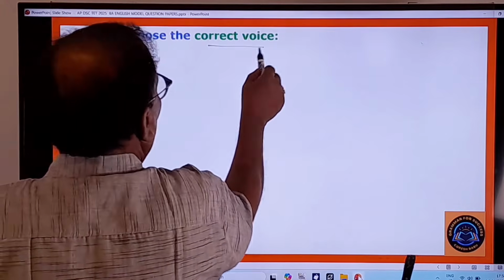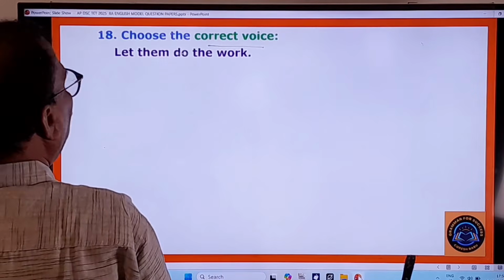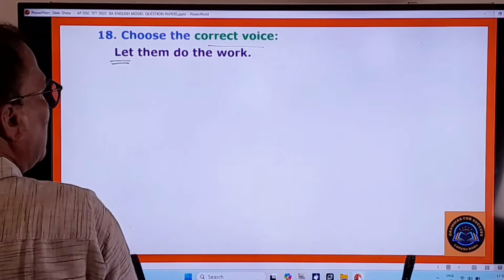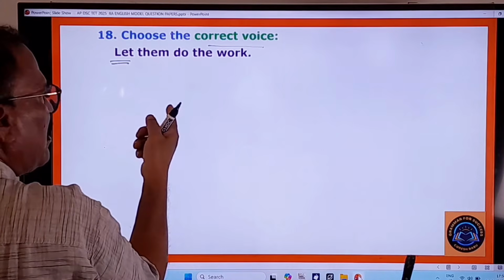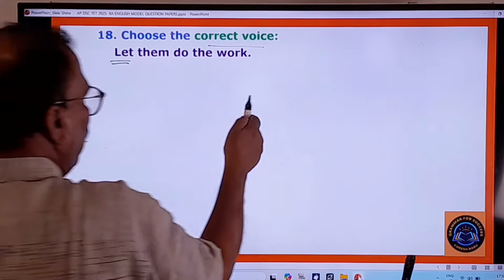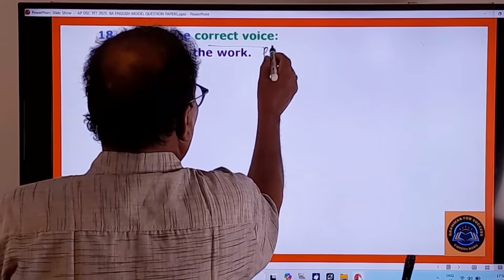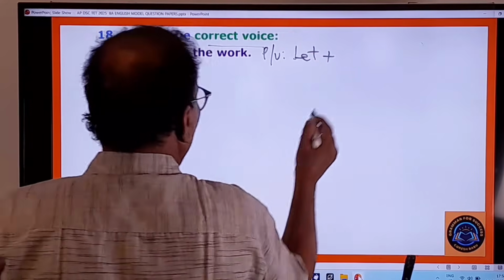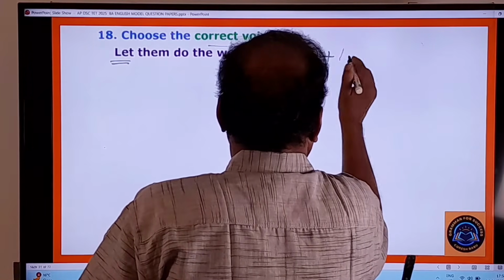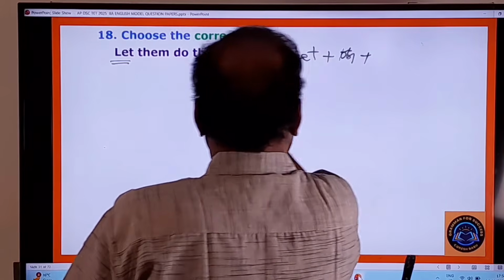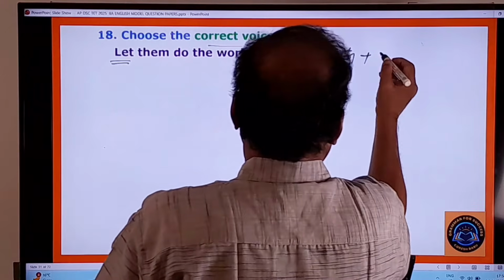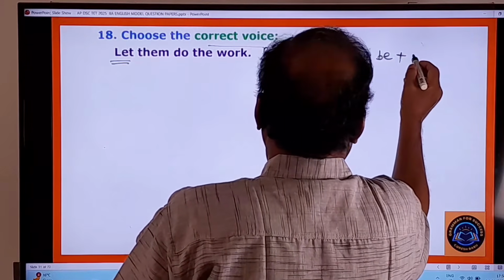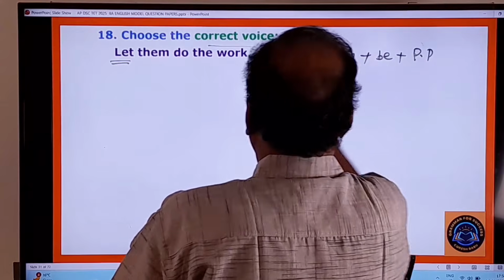18th question, choose the correct voice. Let them do the work. So it is a let sentence. It is an imperative sentence. Whenever you change the imperative sentence, the passivized structure is like this. Let will be used as it is. Then the object must be used here, whatever may be the object. Then you have to use the word be and the PP of the main verb.